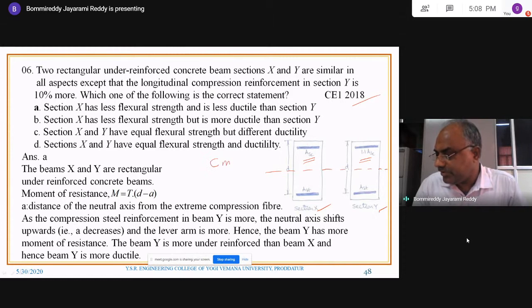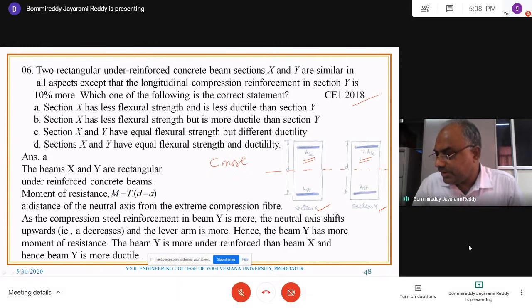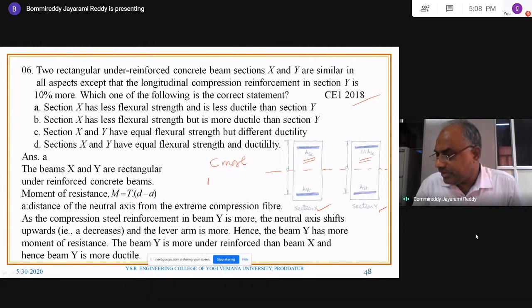When compressive resistance is more, then moment of resistance is also more, and this is for the case of Y. That means section X has less flexural strength and is less ductile than Y, because reinforcement is less, and in the second case C is more, so moment carrying capacity will be more.